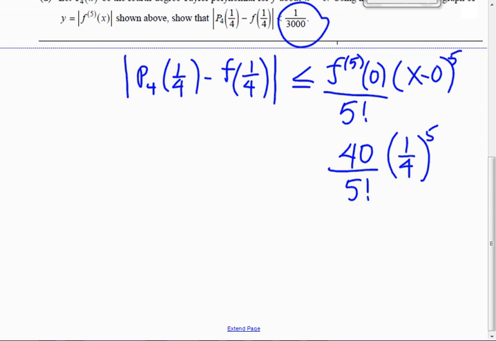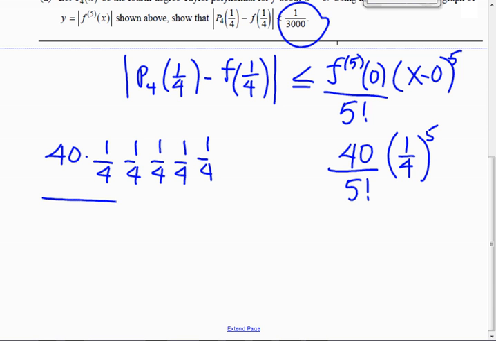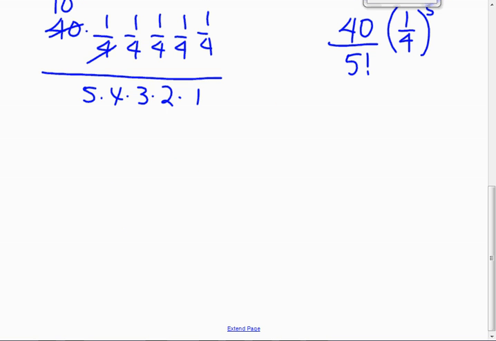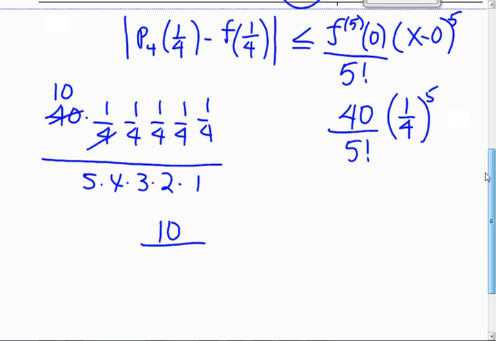So I need to know for a fact it's less than 1 over 3,000. So I just write it out. 1/4 to the fifth, and it's 5 times 4 times 3 times 2 times 1. So if I do this 40, that leaves me 10, right? So if I simplify that a little bit, that is 10. Yeah, there's the 10.